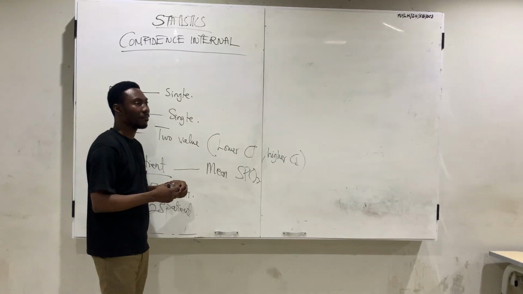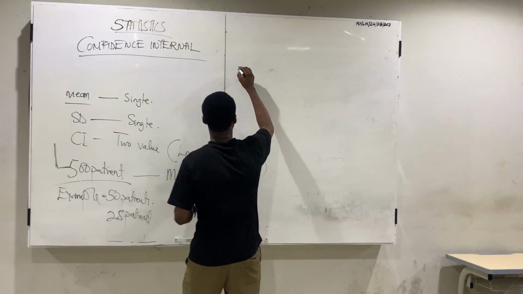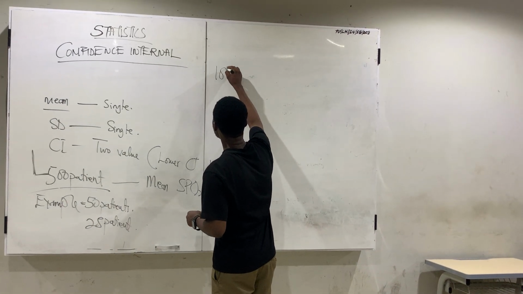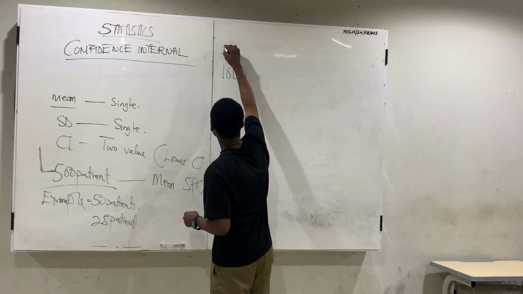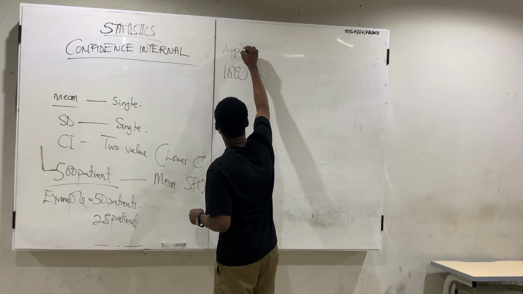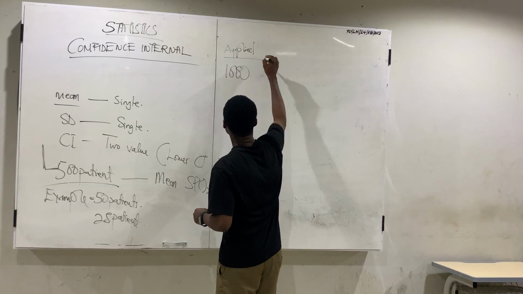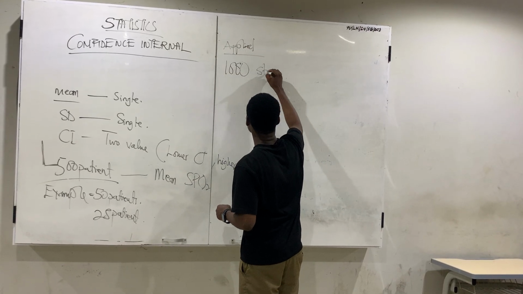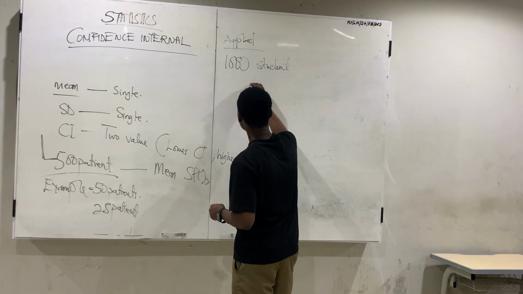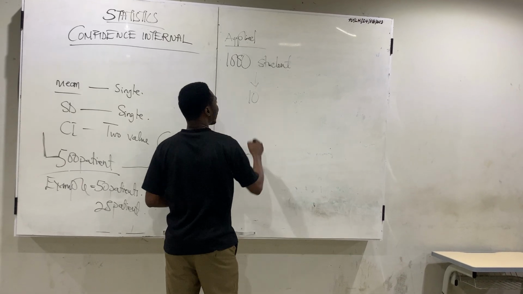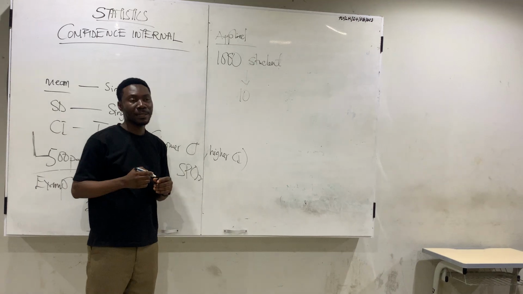Let's do another example. Let's say we have 1,000 students who applied for a program, and they wrote an exam over 10.